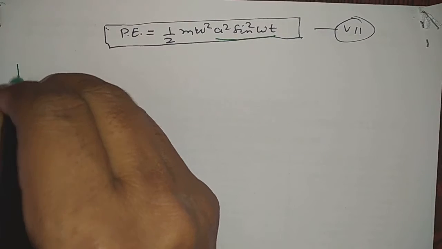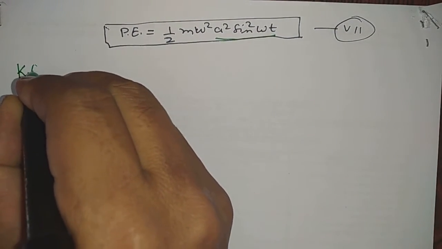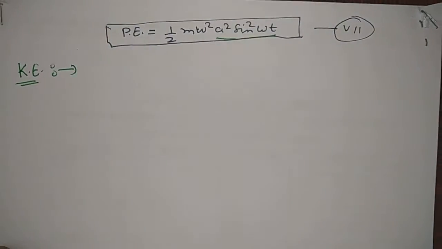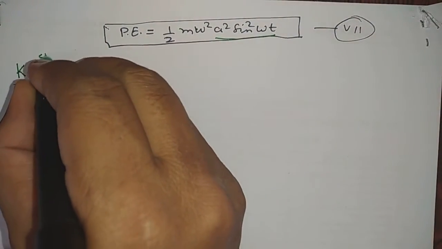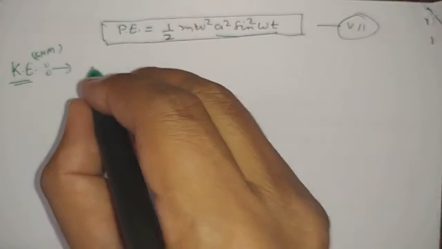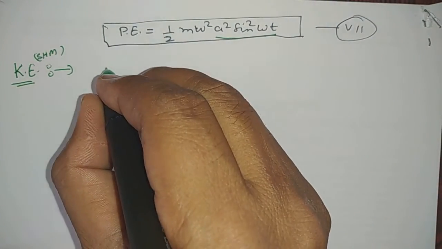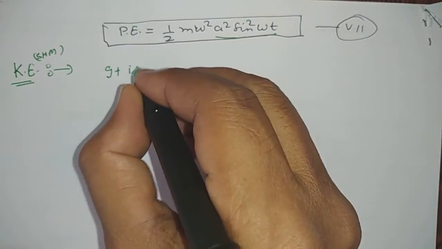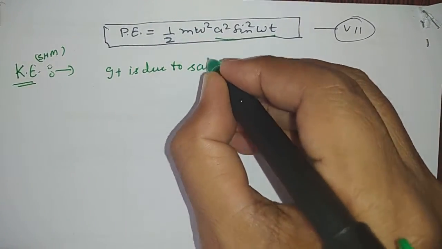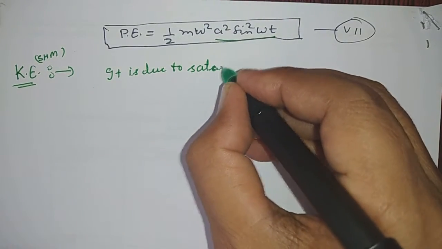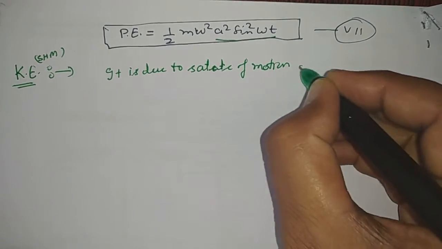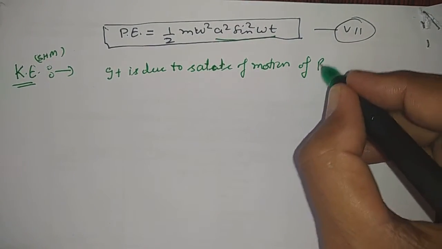Now it is time to see kinetic energy in simple harmonic motion, SHM. Kinetic energy is due to the state of motion of the particle.